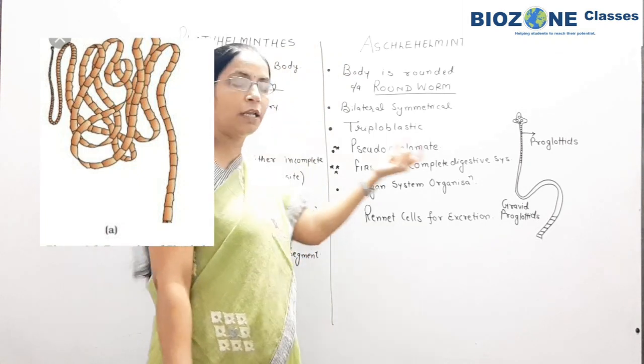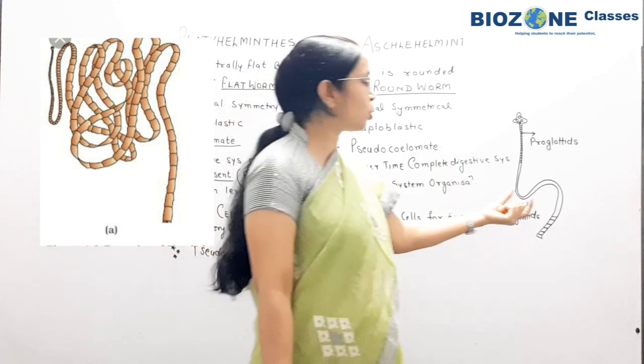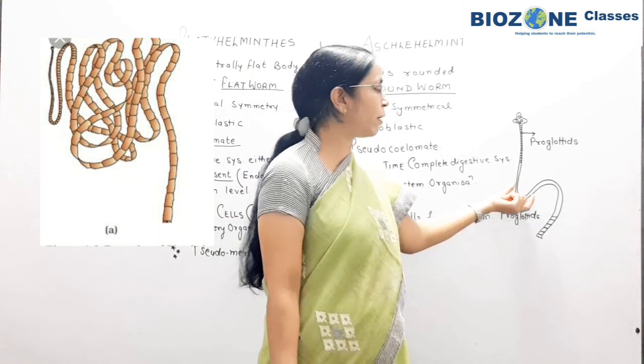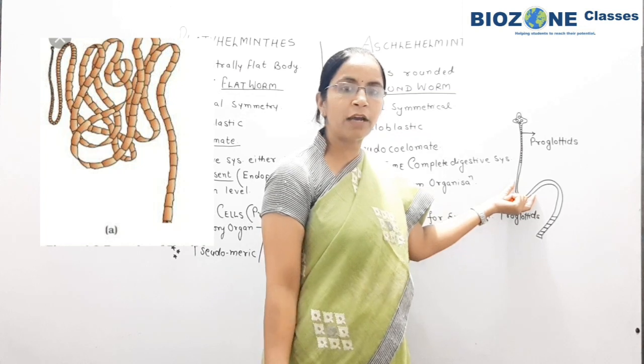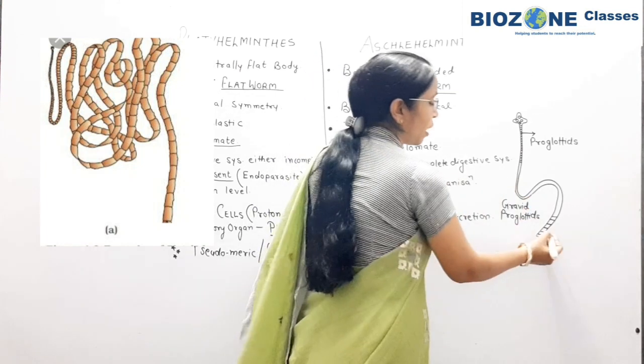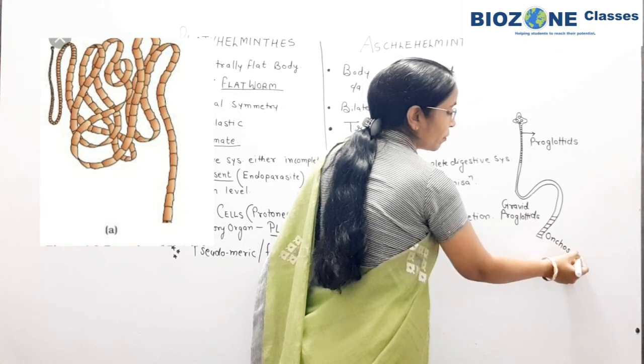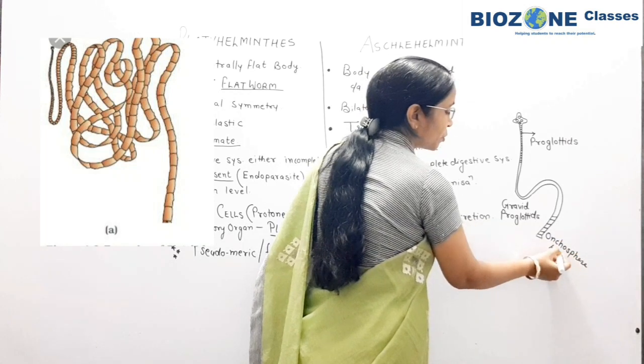Tinea basically shows indirect development during replication, and in this indirect development tinea develops nearly 4 to 5 larval forms. So the oncosphere larva, you remember, is a capsulated larva.